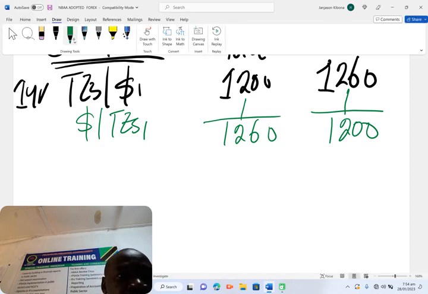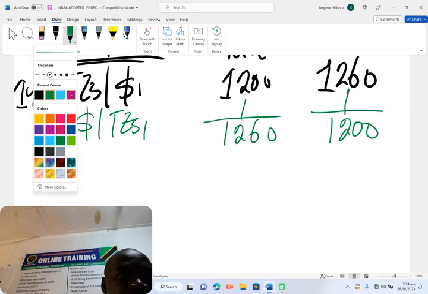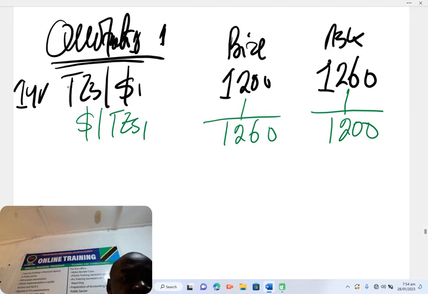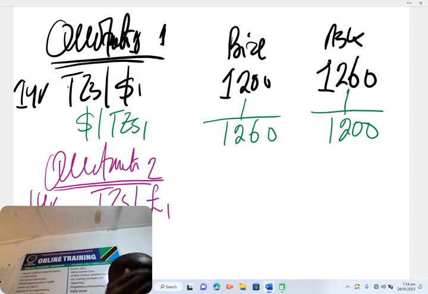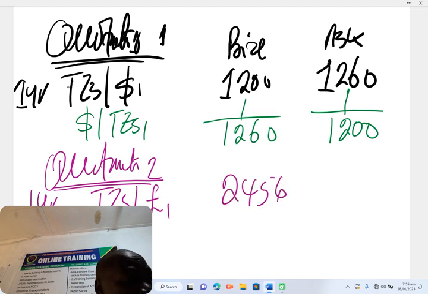We need to go for 1 year also, but we had Tanzanian shillings vis-a-vis what? Pound 1. 1 year forward, it is 24.56, and this is 24.74.